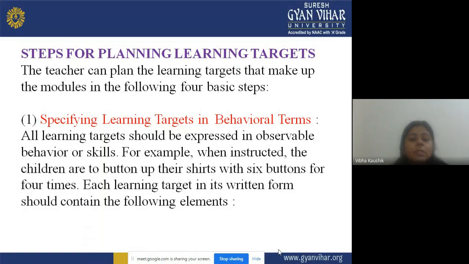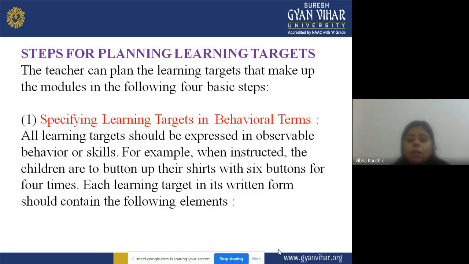First one, specifying learning targets in behavioral terms. This means we have to specify the learning targets in behavioral terms. All learning targets should be expressed in observable behavior or skills, meaning the learning targets which have been decided should be expressed in such a way that the behavior can be easily observed, or the skills that have been developed.